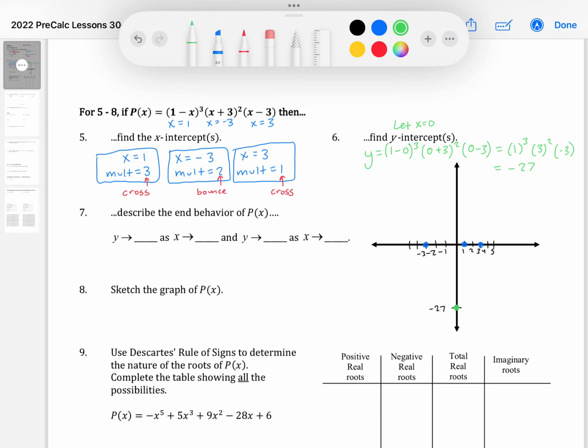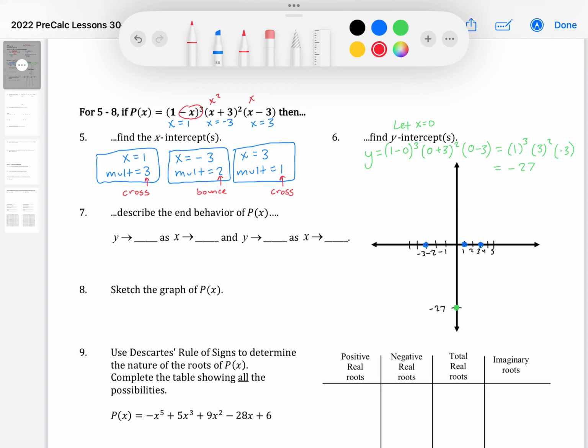And I'll put my y-intercept of -27. So if we look at the end behaviors, overall, if you FOILed out this entire polynomial, you have a -x cubed, and then this would be like an x squared for this middle term, and then this would end up being an x.